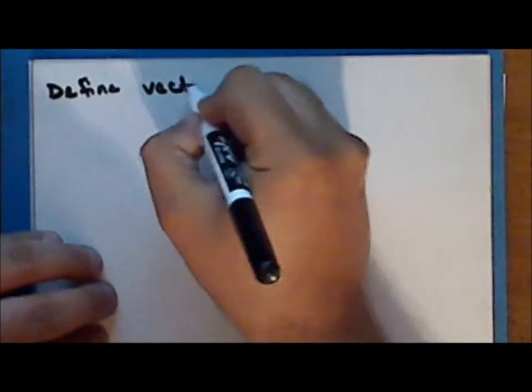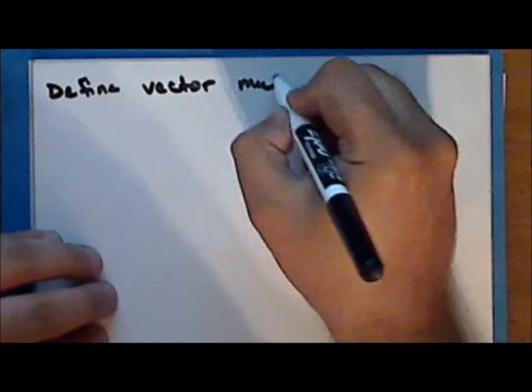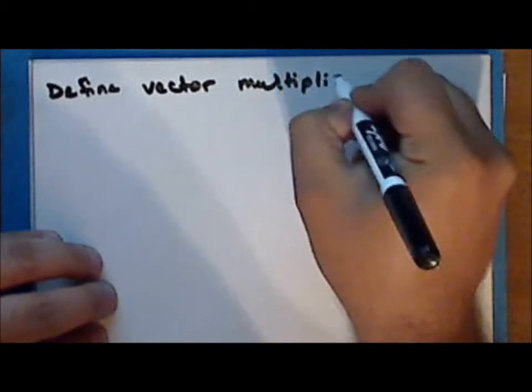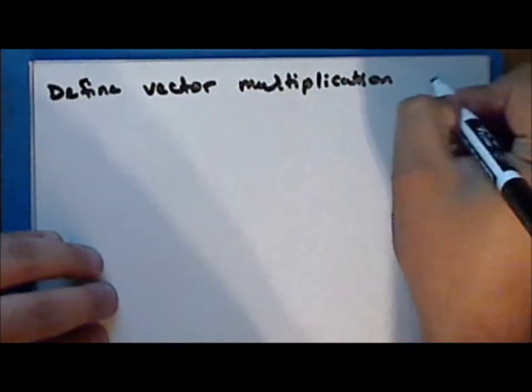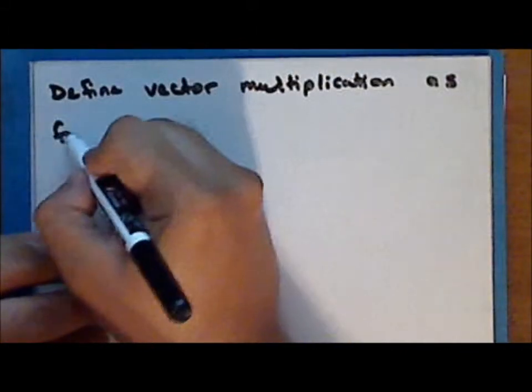So define vector multiplication as follows.